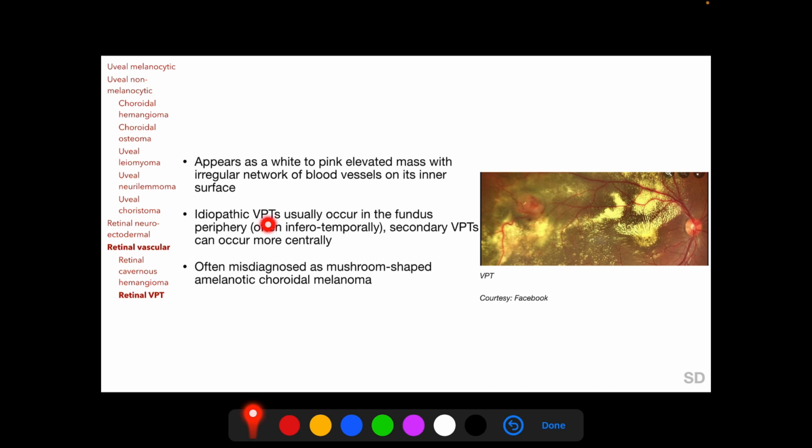Idiopathic VPTs usually occur in the fundus periphery, often inferotemporally, but secondary VPTs can occur more centrally, as seen here in this photograph, and they are often misdiagnosed as a mushroom-shaped amelanotic choroidal melanoma, particularly when they occur centrally in the fundus.